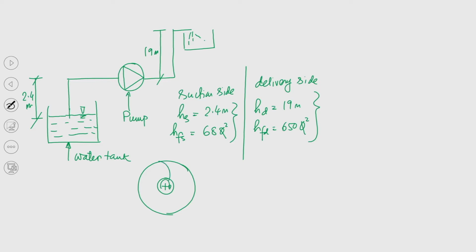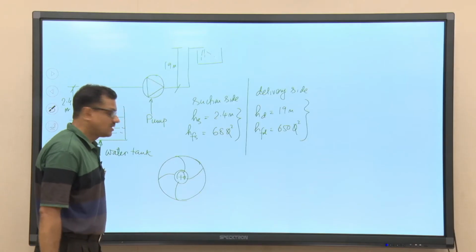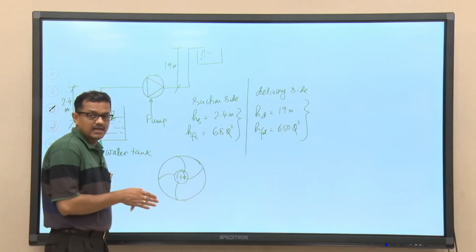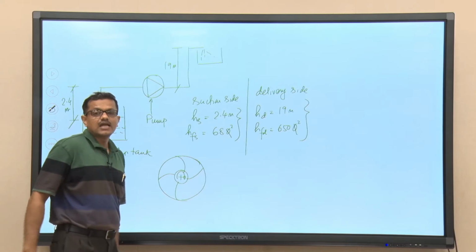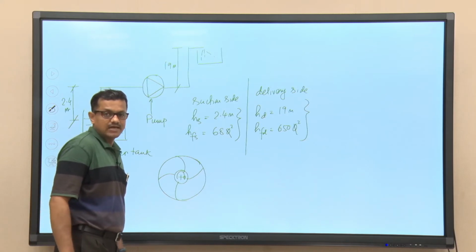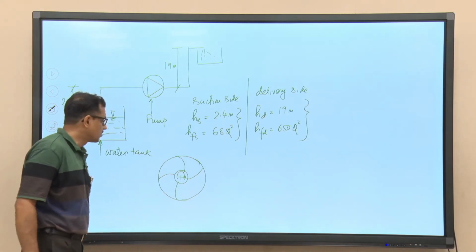Nothing is mentioned about the blade till now, because from the statement we have read, we did not get any clue about the type of the blades, whether they are backward curved or forward curved.